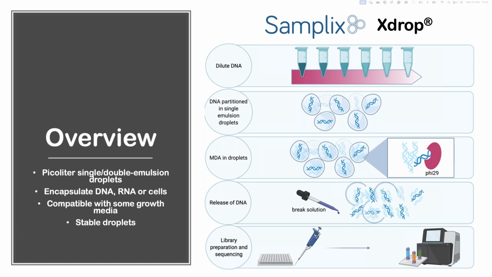Within these droplets, multiple displacement amplification was done using a typical MDA reaction with Phi29 enzyme, enabling the efficient and uniform amplification of the encapsulated DNA within these droplets. Following amplification, the DNA is released from the droplets and then subjected to library preparation for downstream sequencing applications.